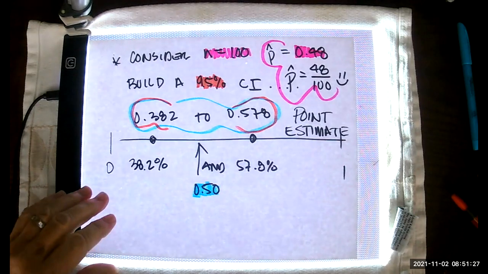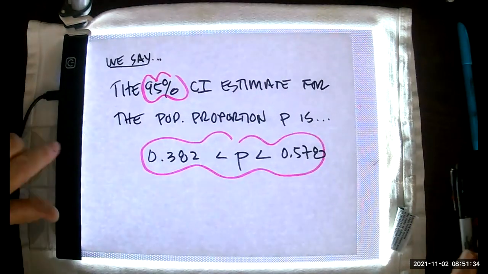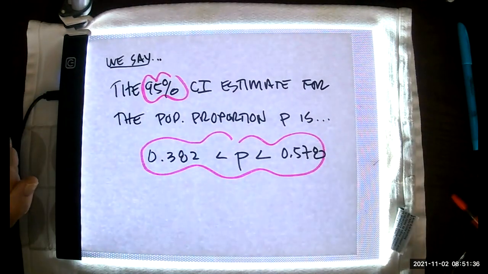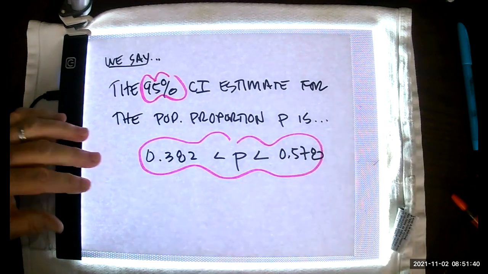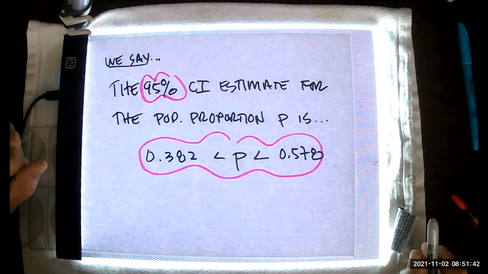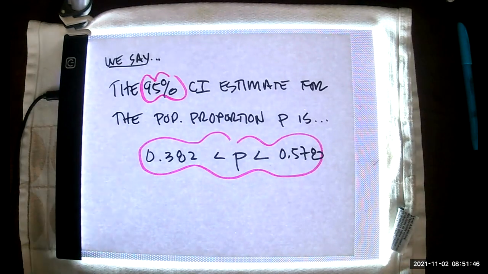What does that really mean? Well, we like to say that the 95% confidence interval for the population proportion p is 0.382 less than p less than 0.578.